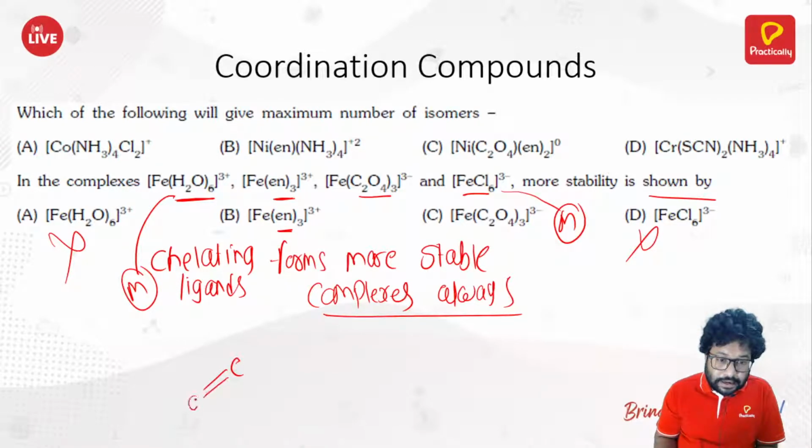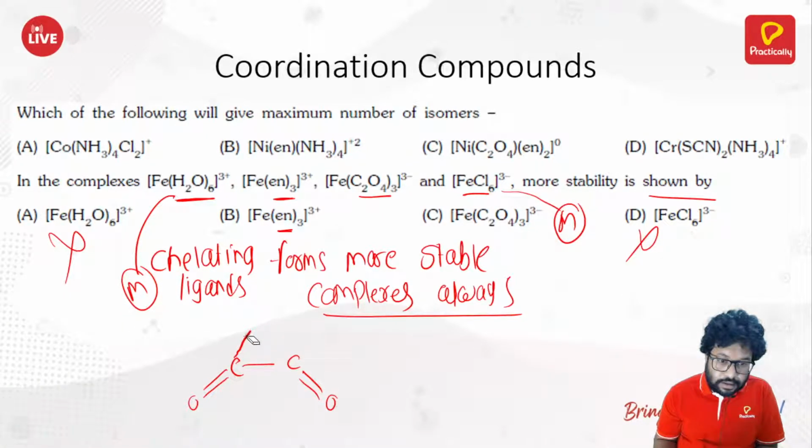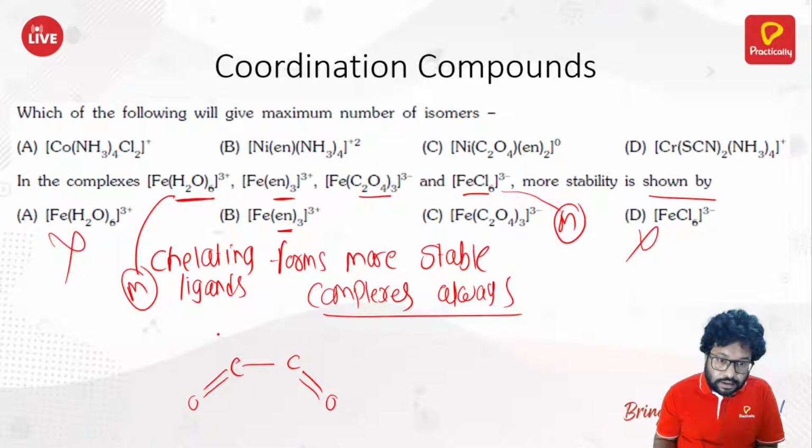C double bond O, C double bond O, and then O minus and O minus. That is your oxalate.